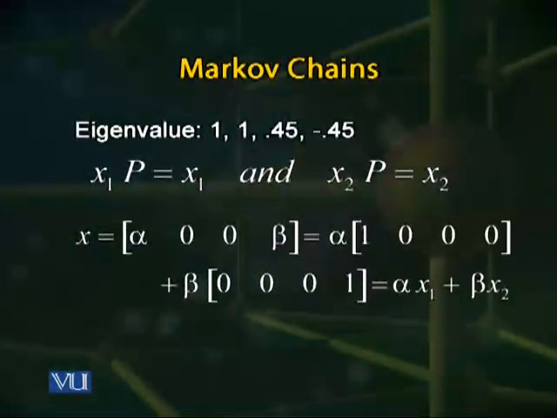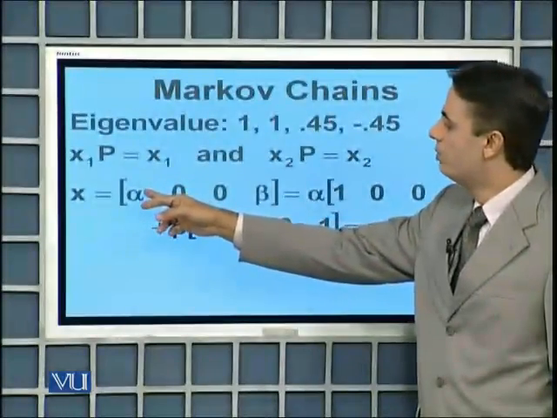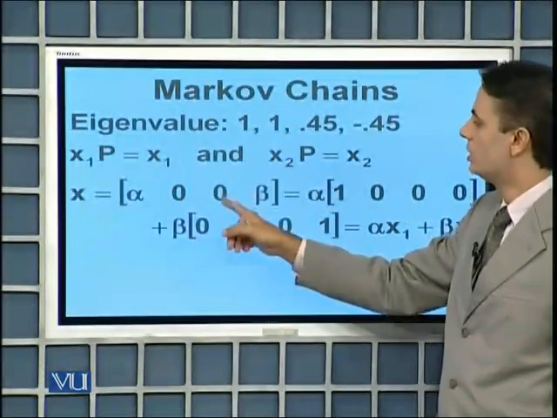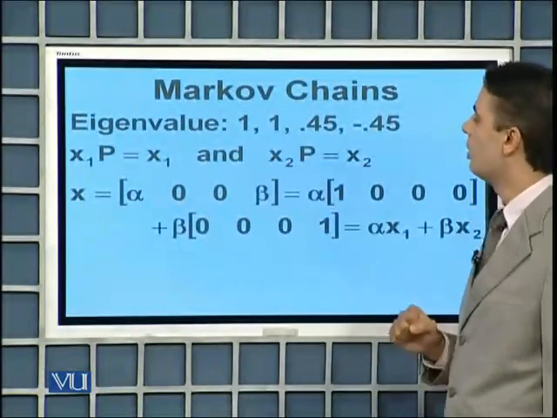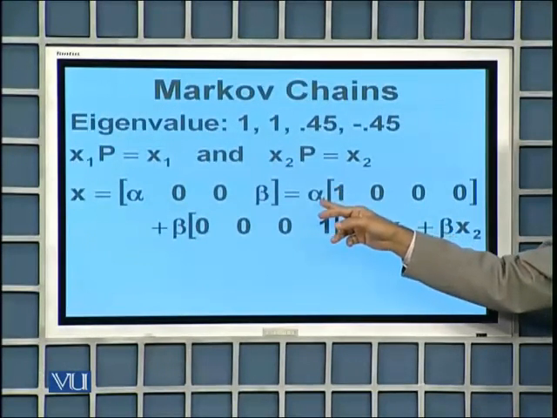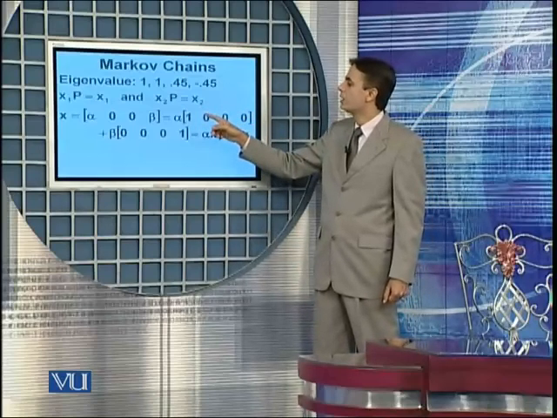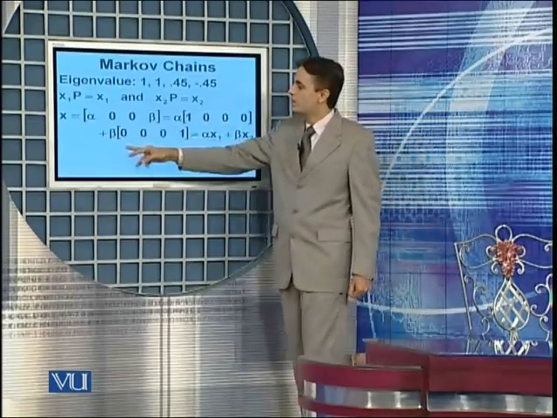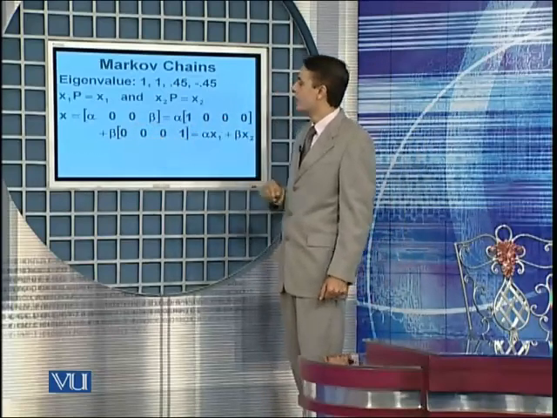Now let's take a general initial probability distribution and call it x, in the form (alpha, 0, 0, beta). This can certainly be broken down into alpha times (1, 0, 0, 0), that is the first eigenvector x1, plus beta times (0, 0, 0, 1), that is the second eigenvector.